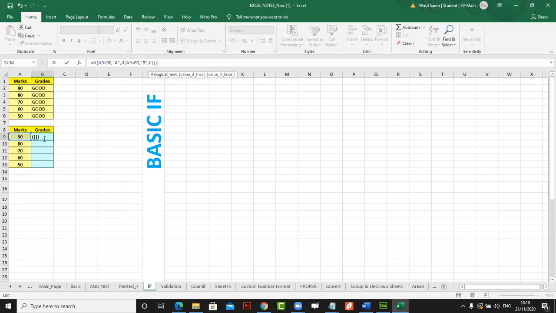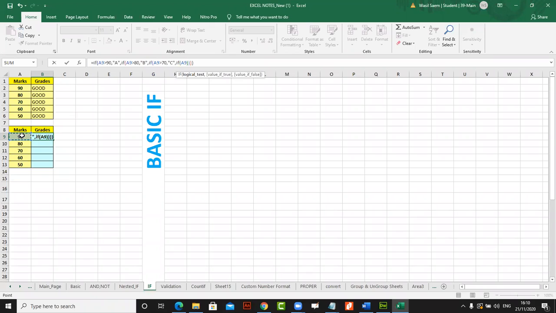So now I would say that if this cell is greater than 70, I want C. Comma, false? No, I don't want false. Another if. Let's make this the last one. Brackets. And here we go.